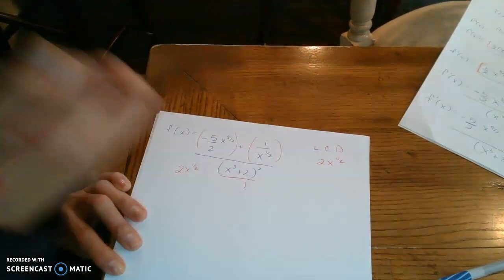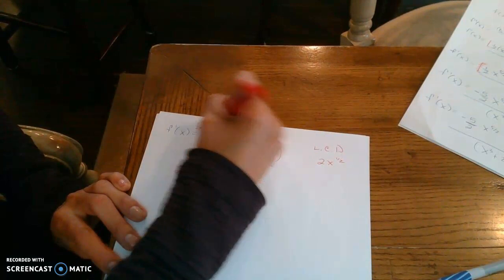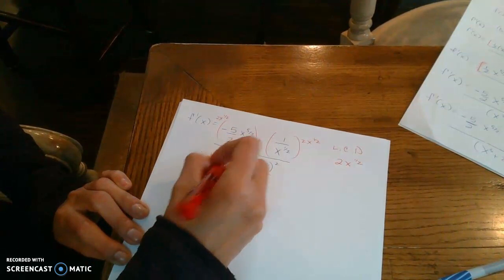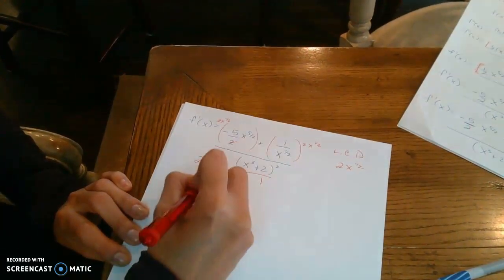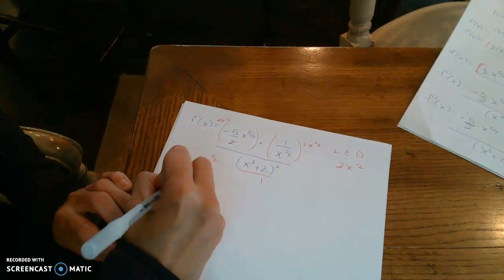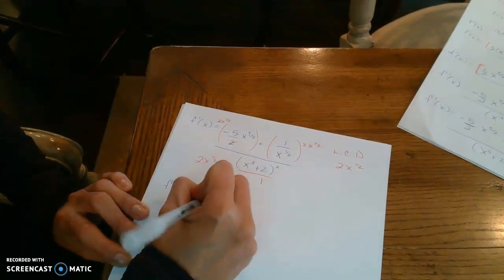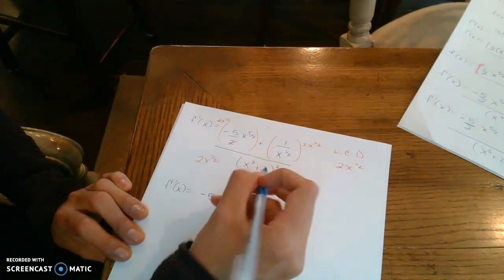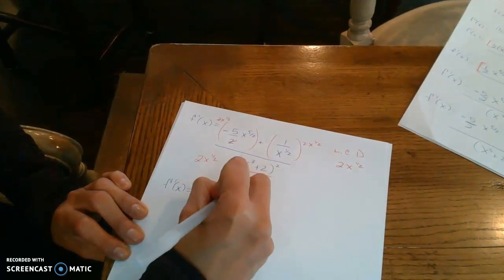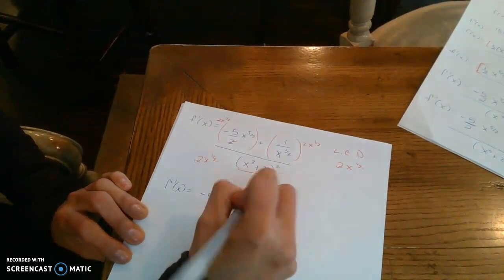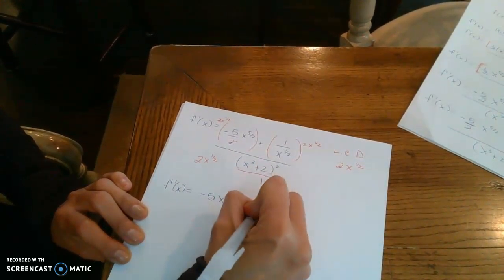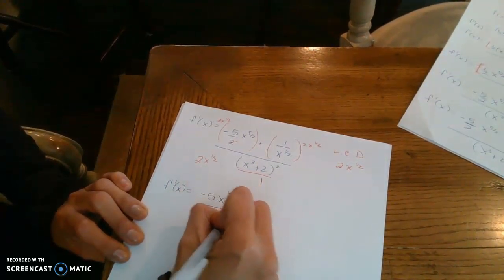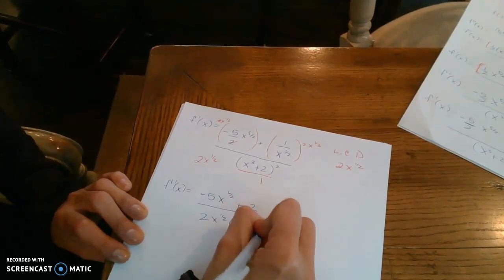When I do that, the 2's cancel, and in the numerator I have negative 5, and then we add those exponents when multiplying, so that becomes x to the 6 halves, which reduces to x cubed, plus this is just going to be 2, over 2x to the 1 half, x cubed plus 2 squared.